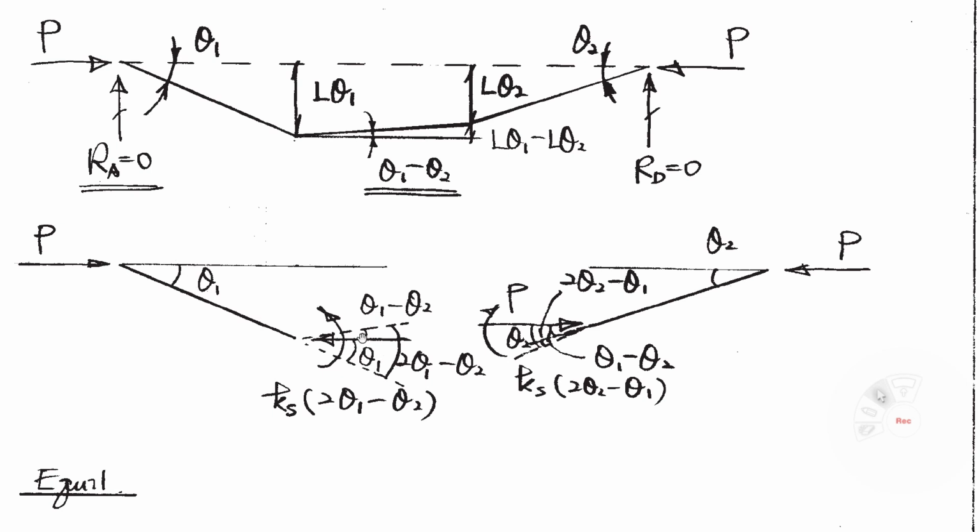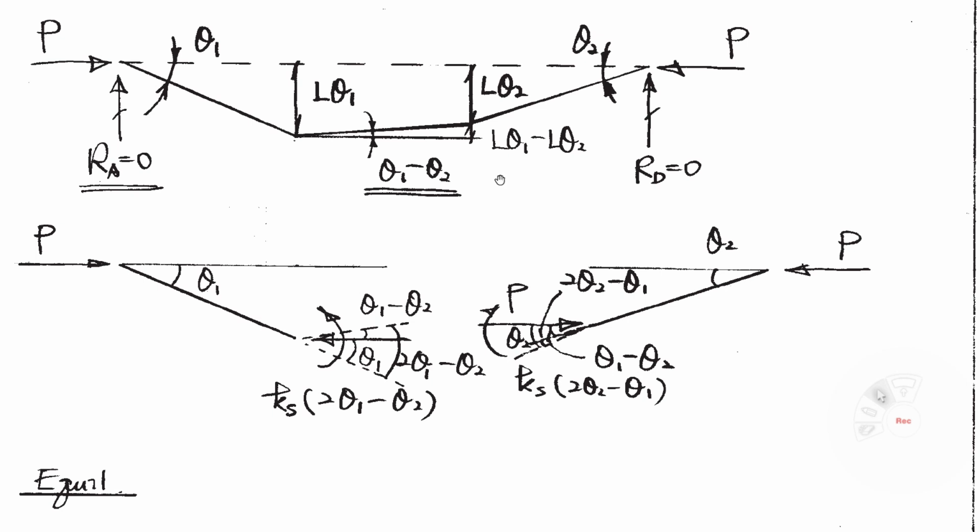Theta 1, theta 1. This angle equals theta 1 minus theta 2. So this rotational angle equals theta 1 plus theta 1 minus theta 2. That means this angle equals 2 theta 1 minus theta 2. That is the rotation of this member from the original position. So the moment due to this rotation is Ks times (2 theta 1 minus theta 2).